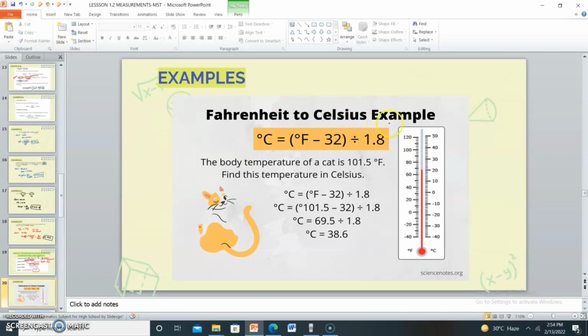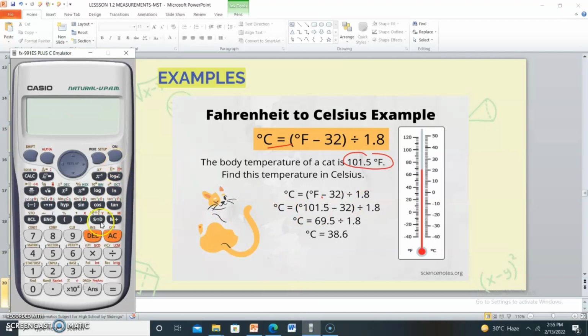In Fahrenheit to Celsius, the given Fahrenheit is 101.5. What is the Celsius? With this formula, Celsius equals Fahrenheit minus 32 divided by 1.8. So calculate 101.5 minus 32, then divide by 1.8. The answer is 38.6.